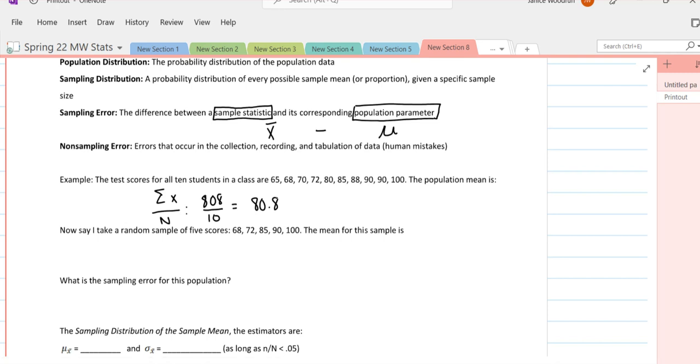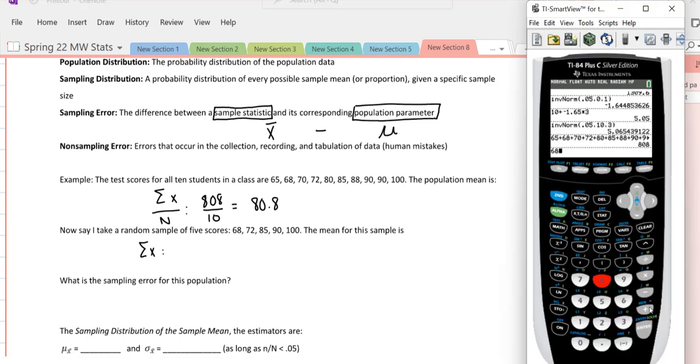Now let's say that's the population, so that's all 10 students in a class, but let's say I take a random sample of 5 out of that class, and I get these 5 scores, so 68, 72, 85, 90, and 100. I'm going to add all of those together. So 68 plus 72 plus 85 plus 90 plus 100.